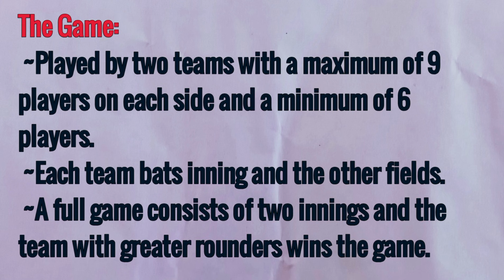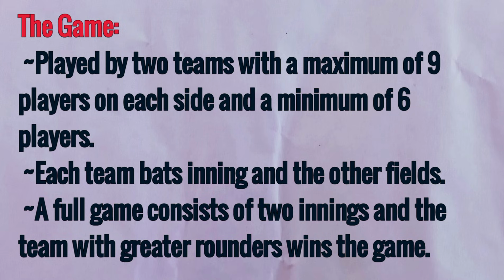The game is played by two teams with a maximum of 9 players. Let's get this right because it's a question that is usually tested. A maximum of 9 players on each side and a minimum of 6 players. So let the learners know that in the game of rounder, the number of players needed is 9.